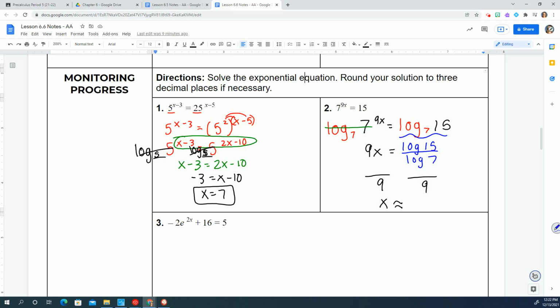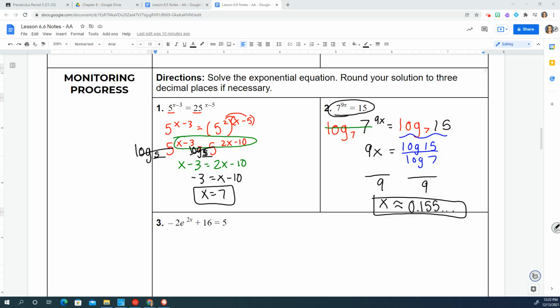So why, when you write log base 7, do you have to put 7 to the 9x? Because it's all one. You do log base 7 of 7 to the power of 9x. I was just confused why you do 2 7s. Oh, so here's my equation, right?